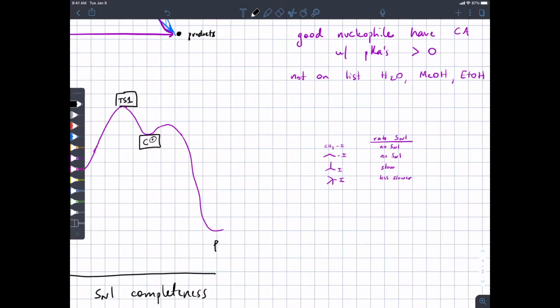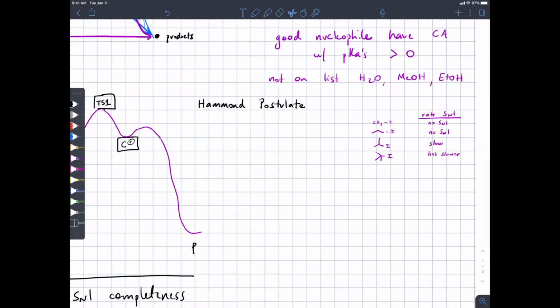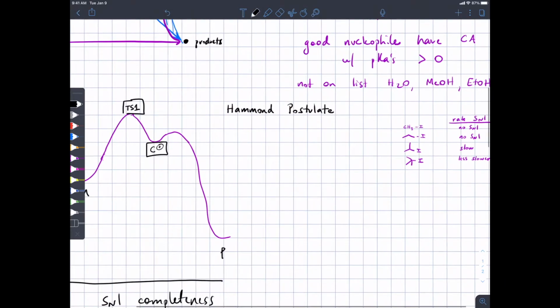The principle we're going to use is described in your text as the Hammond Postulate. I don't really think you need to remember that that's its name. Sometimes naming things just makes them more difficult to remember, and this may be one of those times.